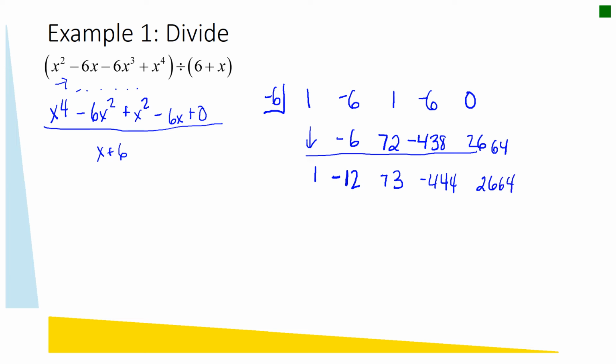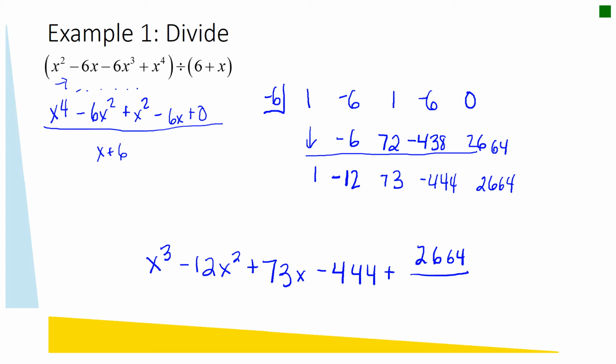So my answer is going to be 1 degree less than x to the fourth, so it's going to be x cubed minus 12x squared plus 73x minus 444 plus, and then we write that fraction, 2,664 over x plus 6. And that's our answer.